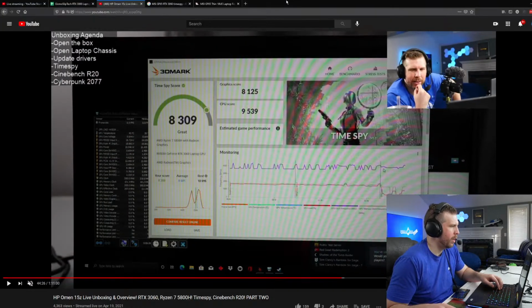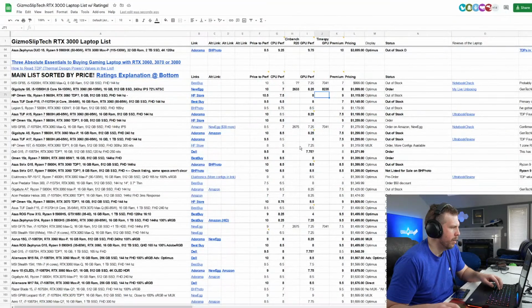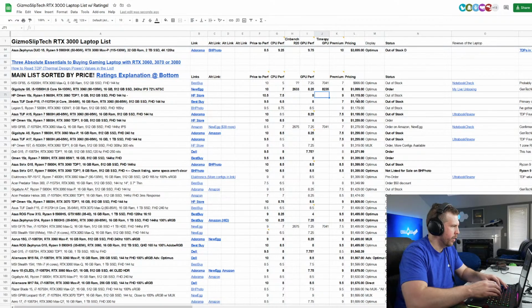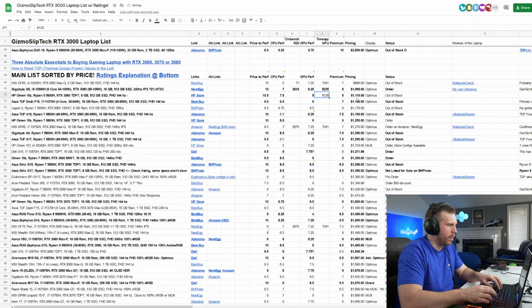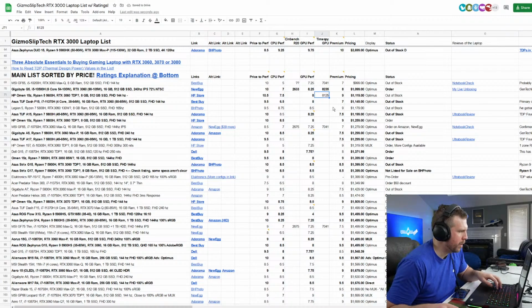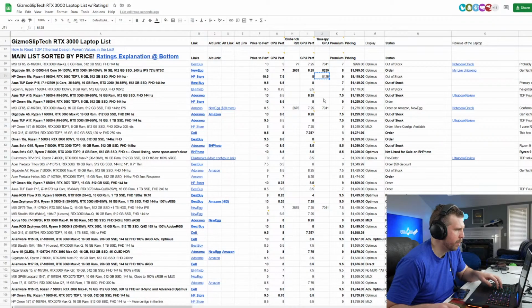So 8125. So we got 8125 for the 3060. Also, I need to do a little more testing on the Omen so we get a better idea of what to expect. Like I said, that's pretty good performance. I'm gonna have to adjust these GPU performance numbers based on what Time Spy scores we get.